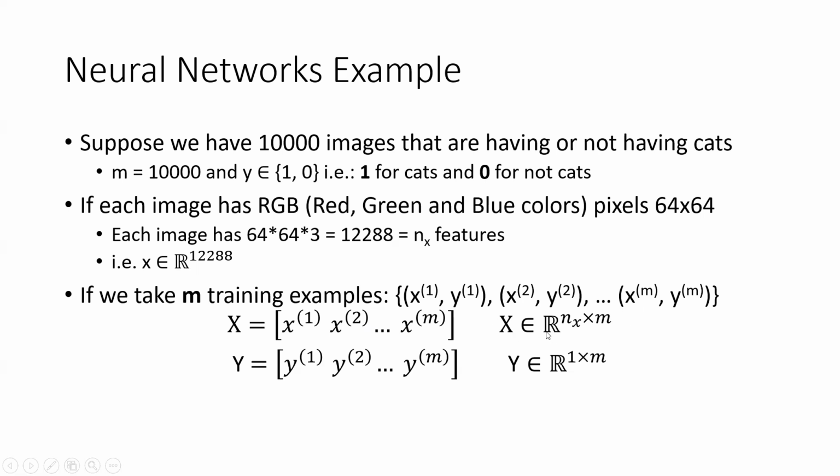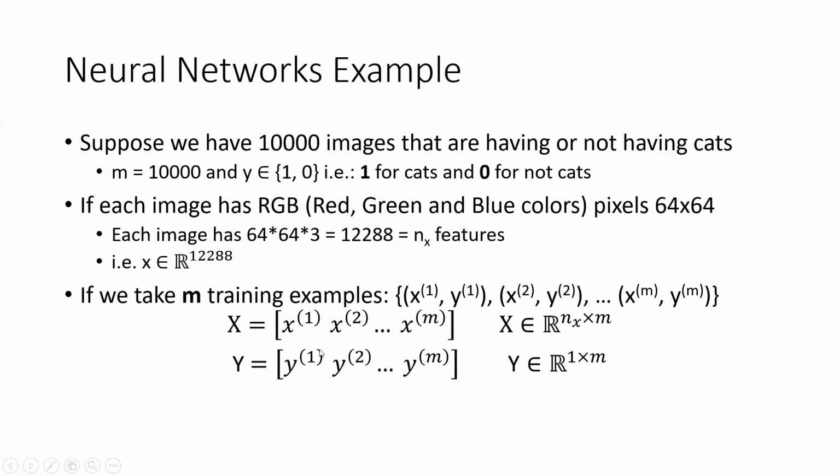Because there are nx dimensions per x and there are m number of samples, this is the dimension of x. For the y, similarly, we can have m number of data points.